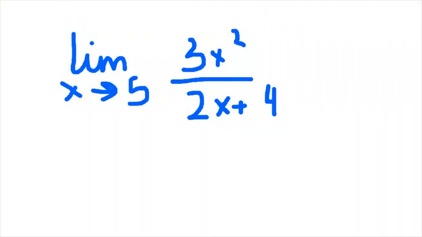Let's start with a warm-up because I want to show you something. This is a normal limit, 3x squared over 2x plus 4, as x approaches 5.